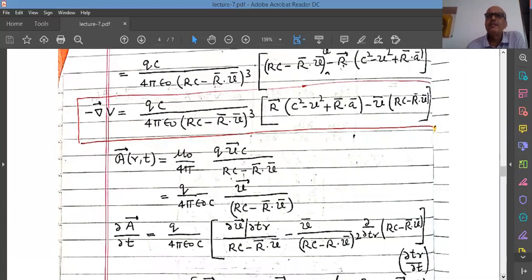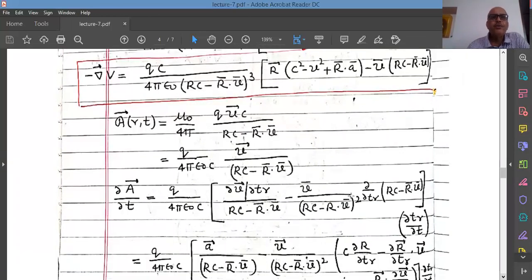Now we move on to calculate del A over del T, because when we combine minus gradient of B and minus del A over del T, only then will we be in a position to find the final value of E. So if you see, the expression for A was mu 0 upon 4 pi QBC upon RC minus R dot B. So if we multiply it by C square, we have epsilon 0 here and epsilon 0 here, so mu naught epsilon naught becomes 1 over C square, and 1 over C square with this C will give us an additional C in the denominator.